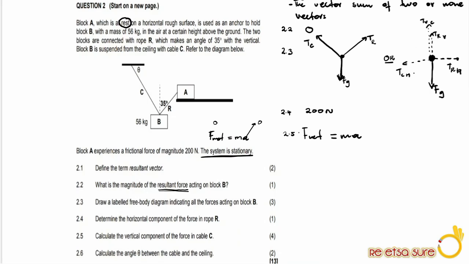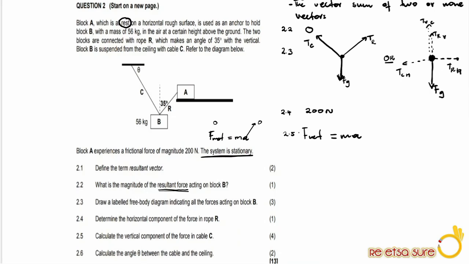How many forces are acting vertically here? How many forces are acting vertically? I have 1, 2, 3. And then I also have 2 forces that are facing upward, which is TVC and TRV. And then I'm only having 1 force that is facing downwards, which is our FG.